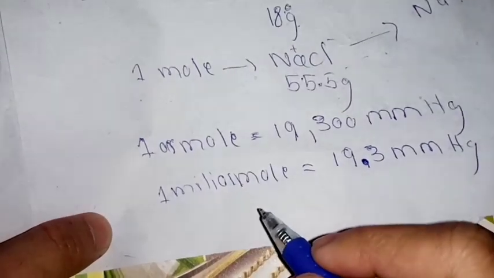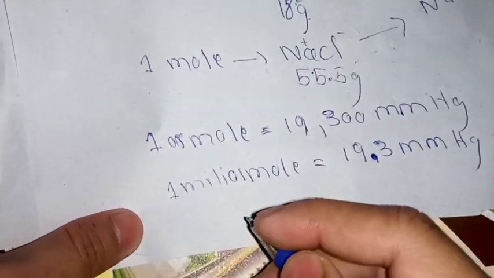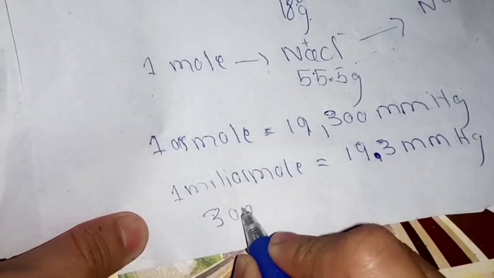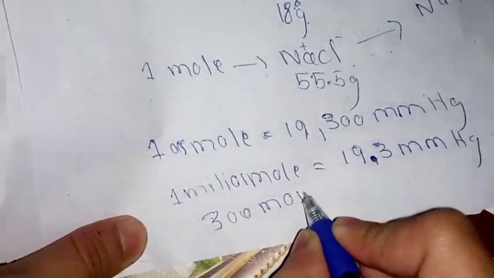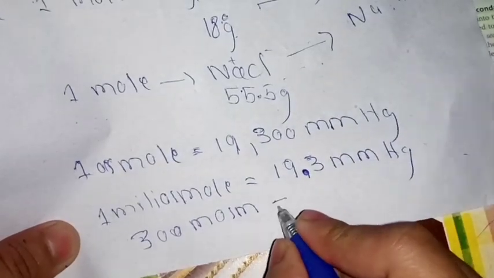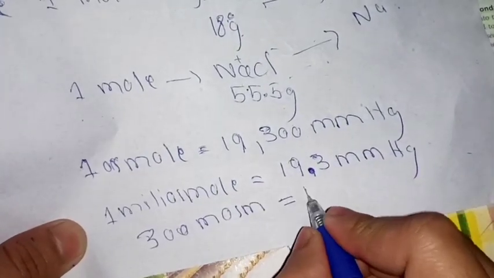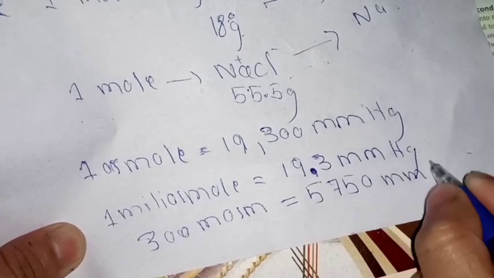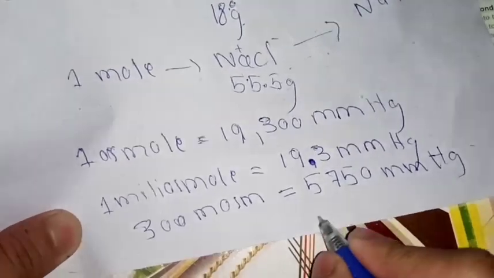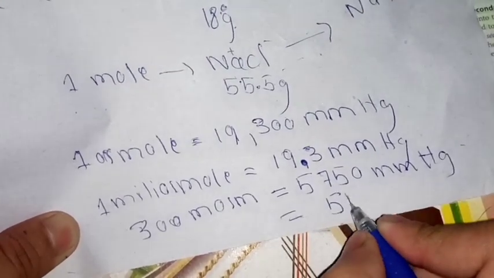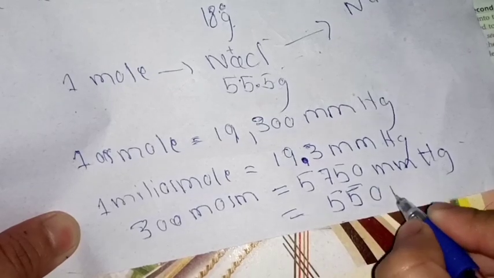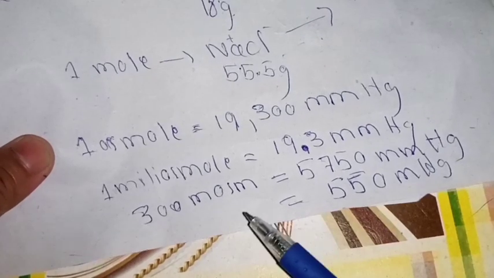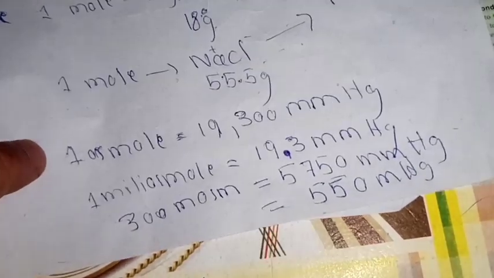But the osmolality of the extracellular fluid of the human body is about 300 milliosmol. So the pressure in our body will be equal to 750 millimeter of mercury. Our average pressure in the human body is equal to 550 millimeter of mercury. So with the help of this osmolality, we can calculate the extracellular fluid pressure.